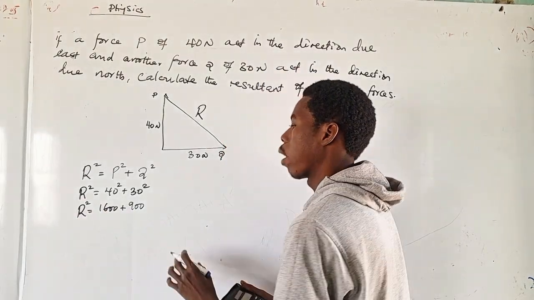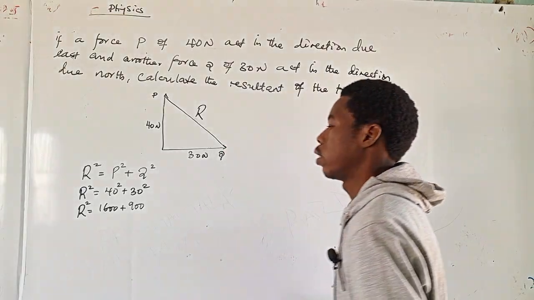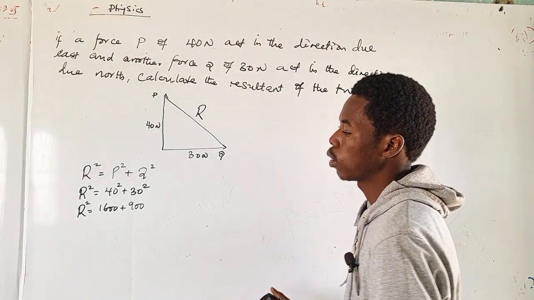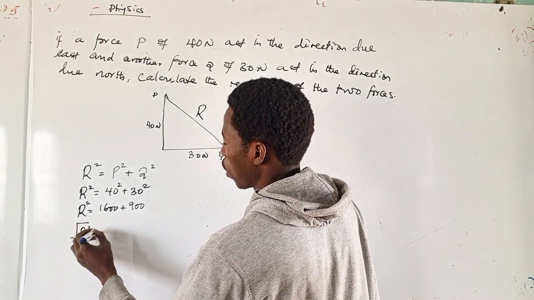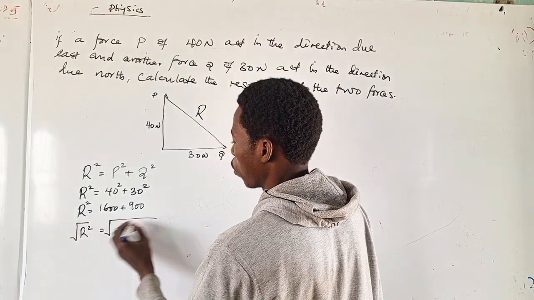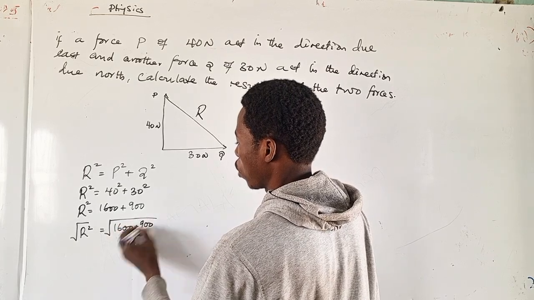So I need R, not R squared, so I will take the square root of both sides. So the square root of R squared equals the square root of 1600 plus 900.